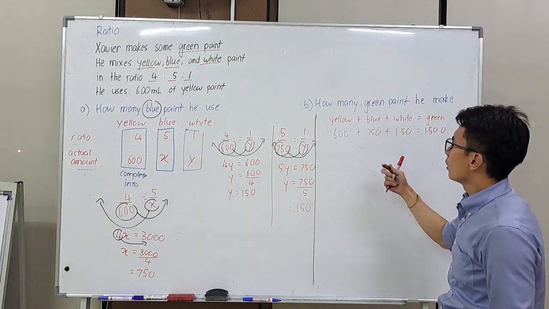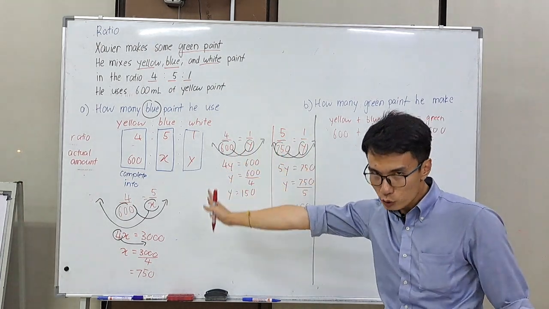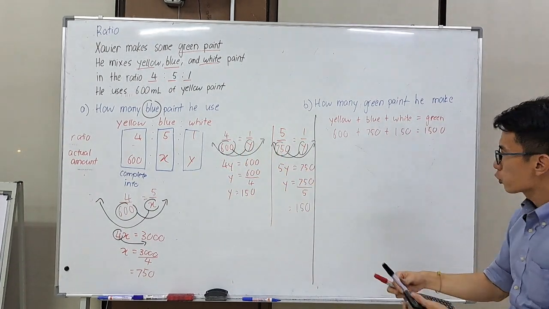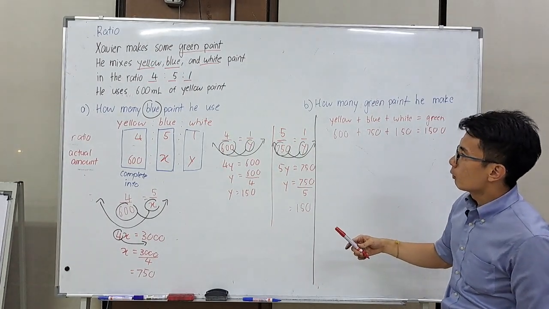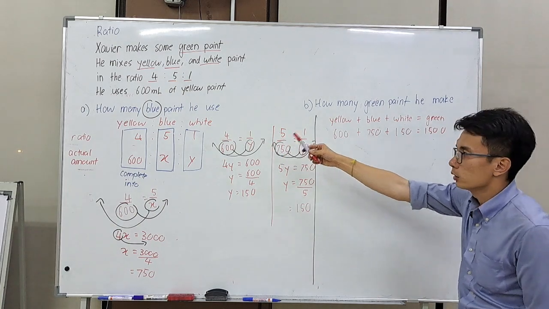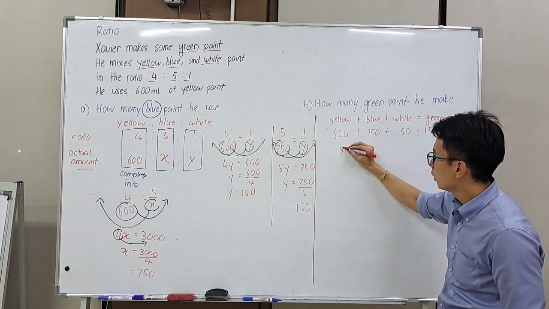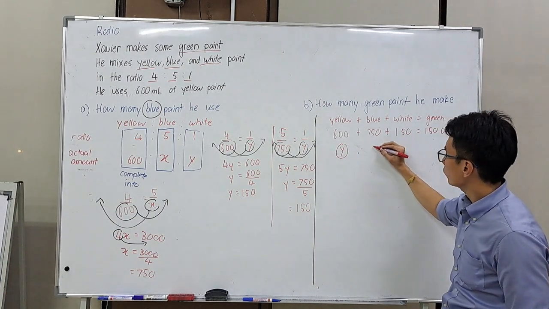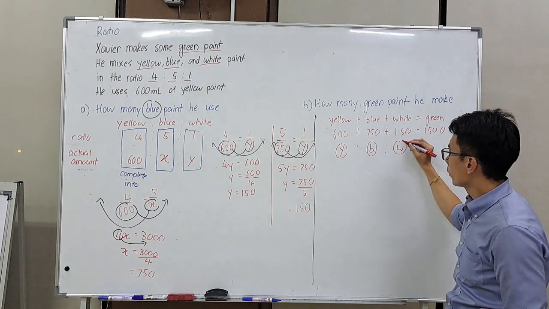Okay? Alright. But I'm going to show you another way of doing this. Now, let's just say you don't want to add them up. Alright? You want to use this ratio method, this table method. You still can do it, you know? So let me just show you very quickly, and you will get the same answer again. Now, let me write down the table again very quickly. I'm just going to write in short form so I can do this a bit faster. So I have my yellow, my blue, my white, right?